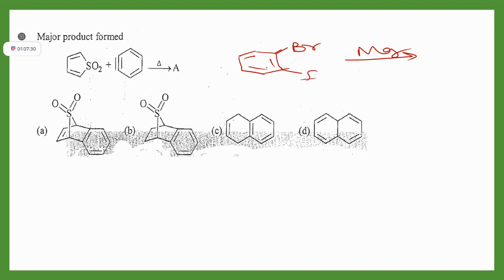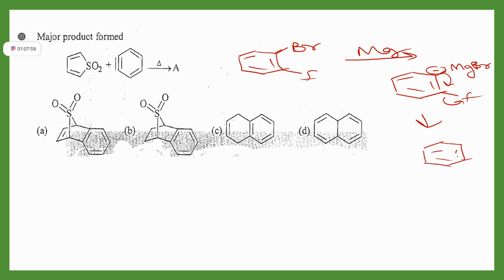So first, where will it insert? Where the carbon halogen bond is weaker, right? So obviously it will insert between C and Br, and it will form magnesium bromide. And here a carbanion will form. In that way they can ask you to make benzyne first, right?